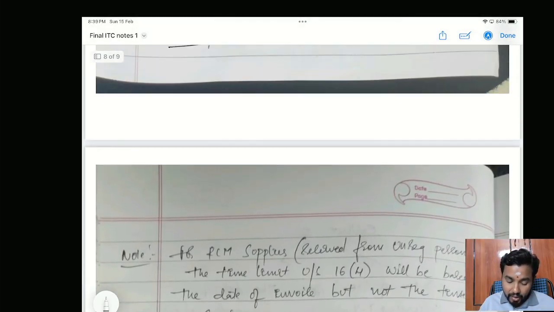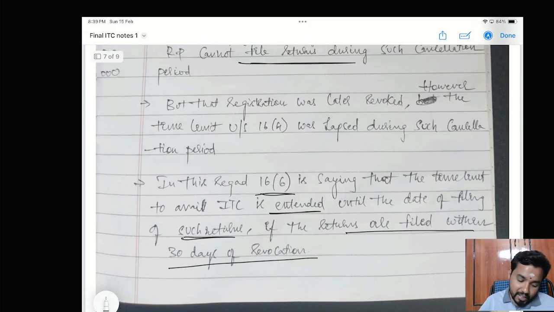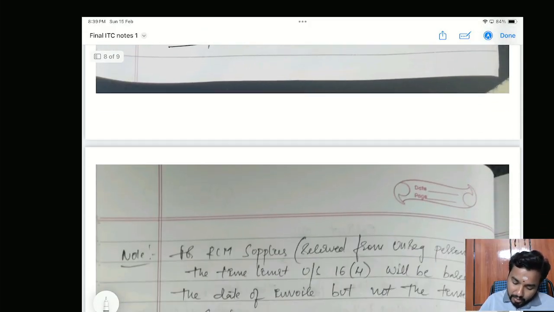If you are filing your returns within 30 days of revocation, then your time limit gets extended. I will give you one example so that it is easy to understand. Take the 24-25 financial year.